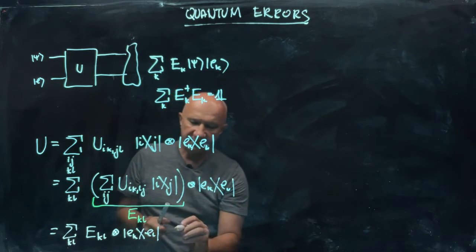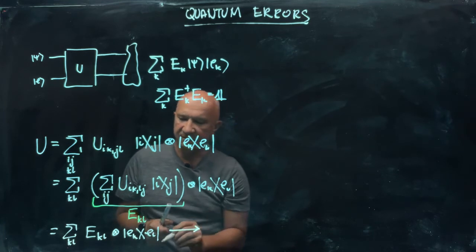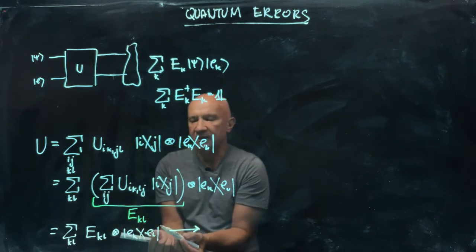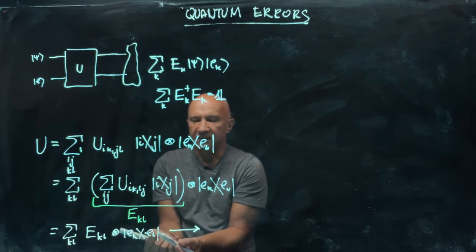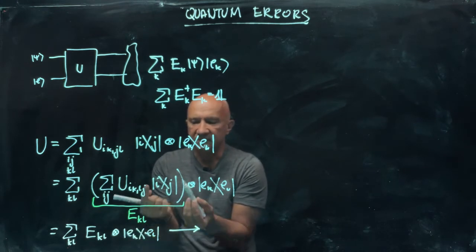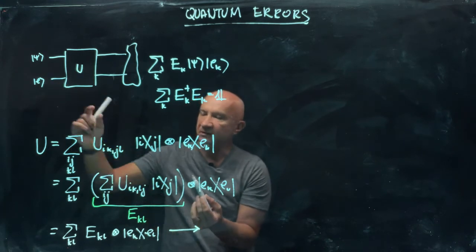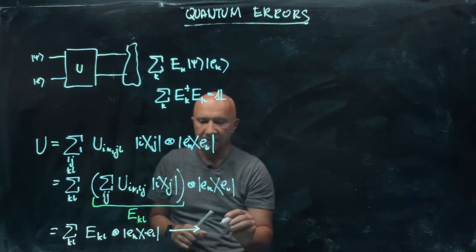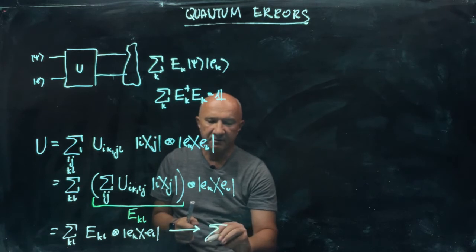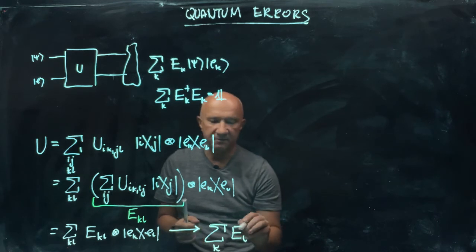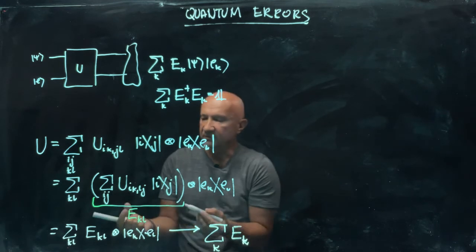So if we fix the initial state, then we can rewrite the whole expression here. Say we just choose the first basis vector as the initial state of the environment. So our expression here can then be reduced to the sum over one index, E sub k, because l is now fixed.